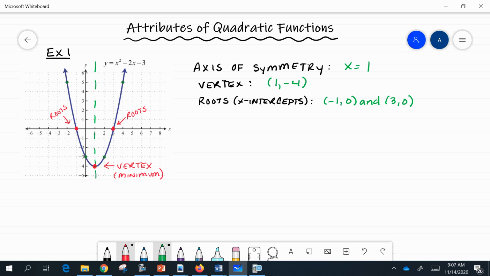We write those as ordered pairs. The next intercept you're going to notice is the point where a parabola crosses the y-axis. Every parabola is going to cross the y-axis. We represent the y-intercept as the ordered pair (0, -3). It does not happen by chance that there's a -3 right here in this equation, but we'll talk about that more later.